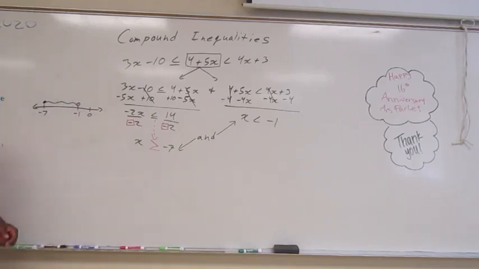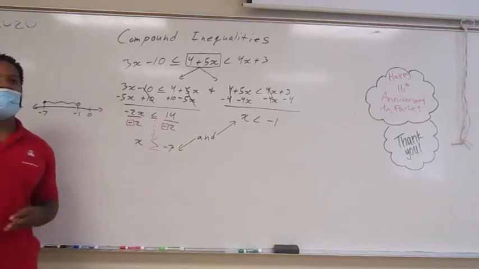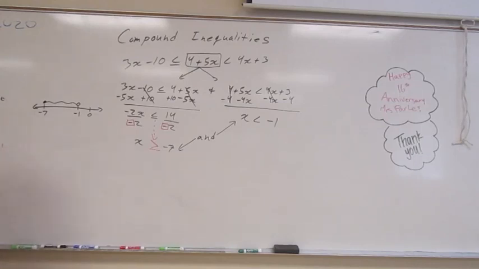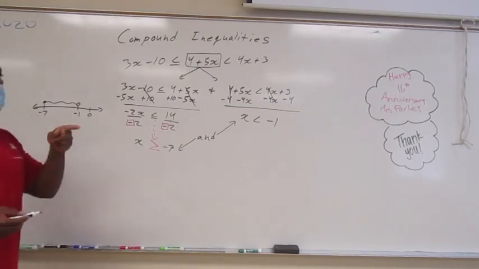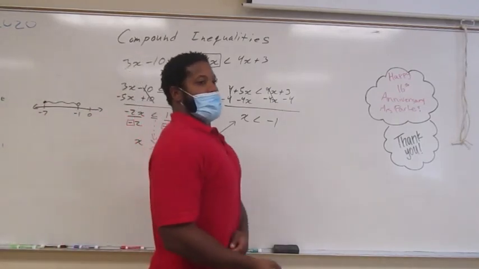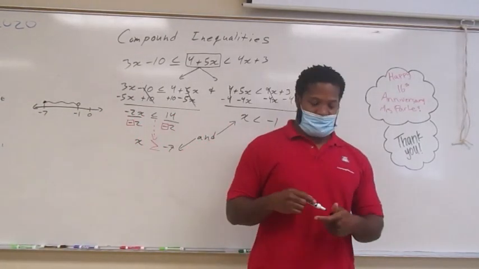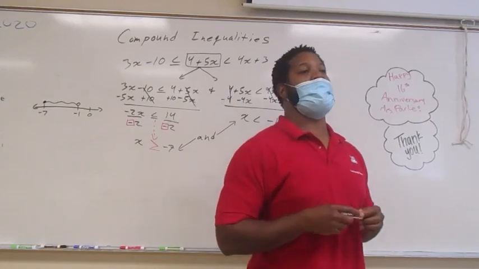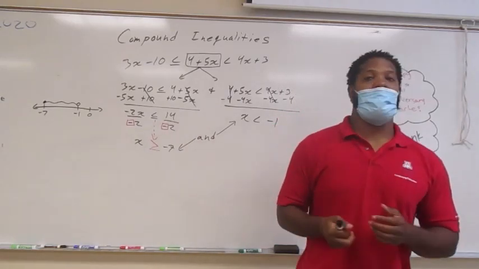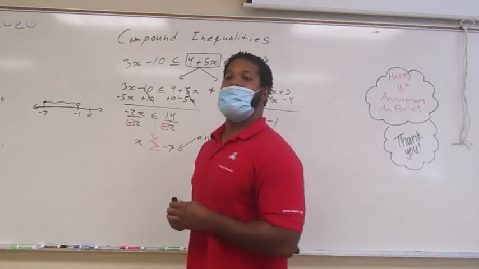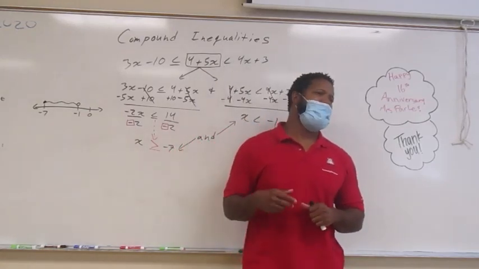Okay? This is how you solve one of those ands. A couple of y'all might have these types on your papers, so just take your time with it. And if you don't have it on your sheet of paper, I will be putting this on Google Classroom tonight.